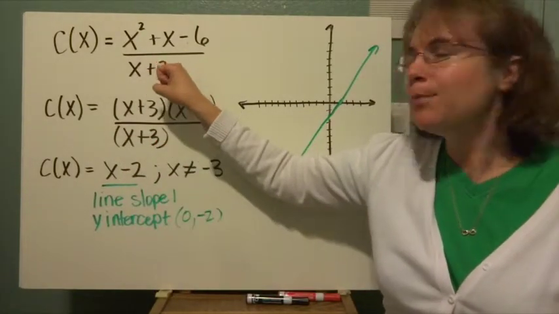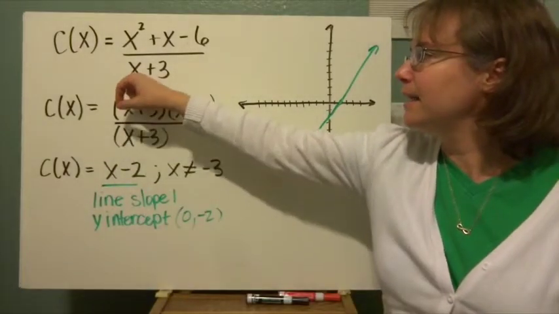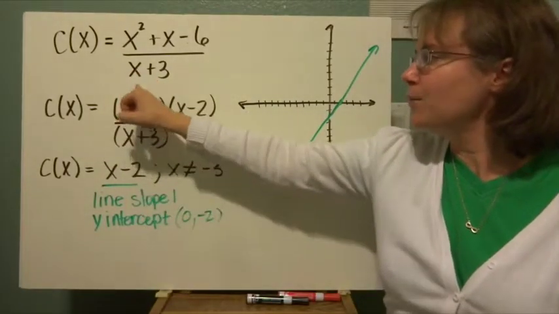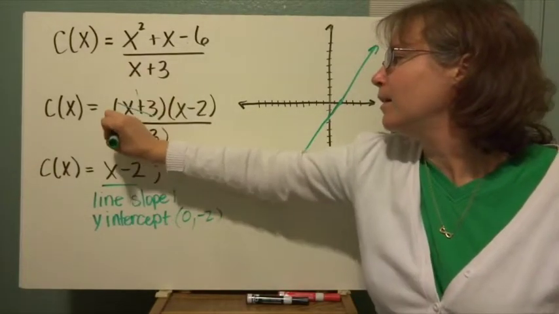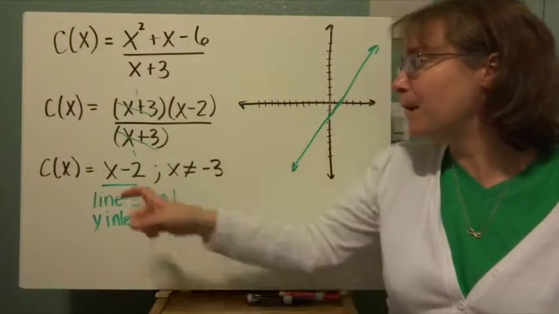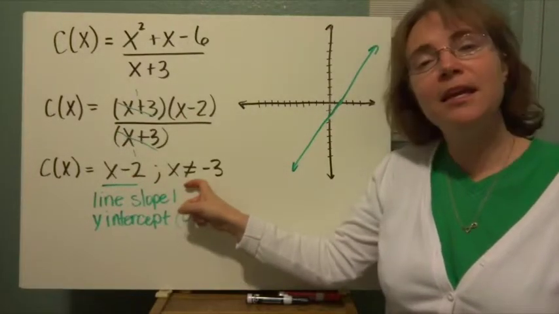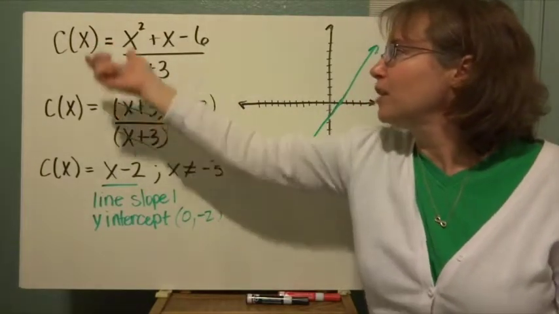But we have to remember that my original equation does not allow for x to be negative 3. So if we make a 1 out of this, x plus 3 over x plus 3 is 1, we just have an x minus 2 left. But we know x cannot be equal to negative 3 because this is my original rational equation.